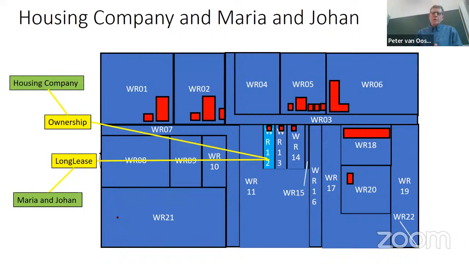So if we focus on parcel number 12, on one side we have the ownership by the housing corporation, and on the other side, we have the long lease. You could see long lease also as a kind of stick out of the bundle of ownership rights that is taken away from the housing company and given to Maria and Johan, and not given for free.